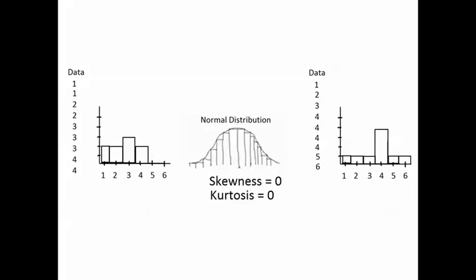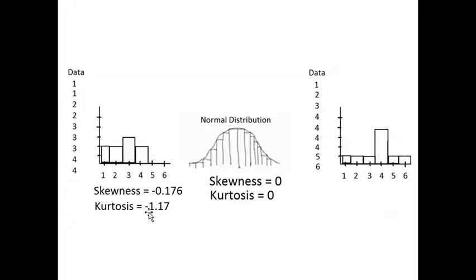Here's one other example. This time I want us to focus more on kurtosis than skewness. Notice how this one is really flat, so it should have more of a negative kurtosis value. And that's actually what happened.